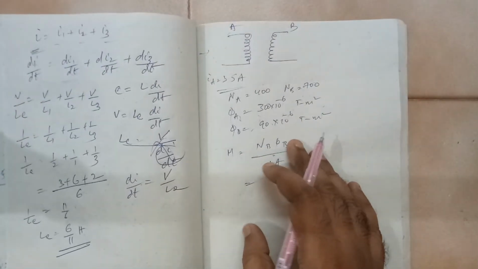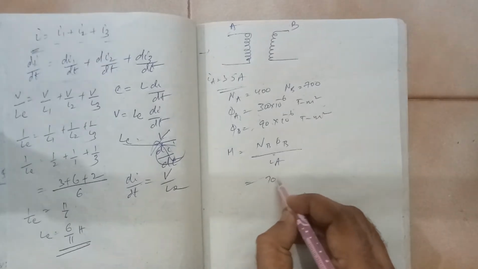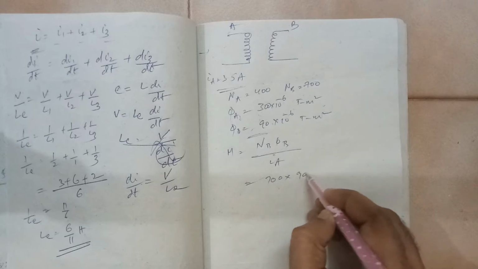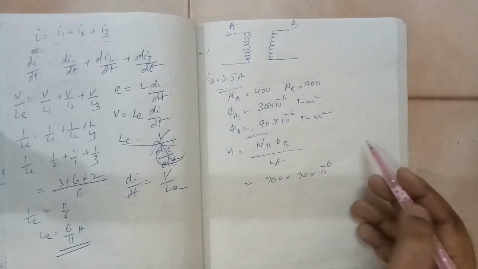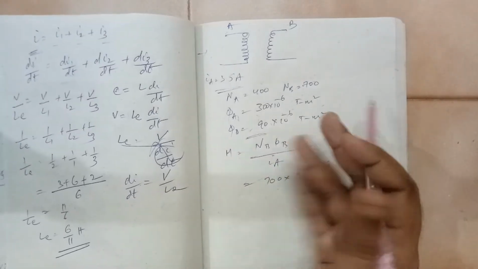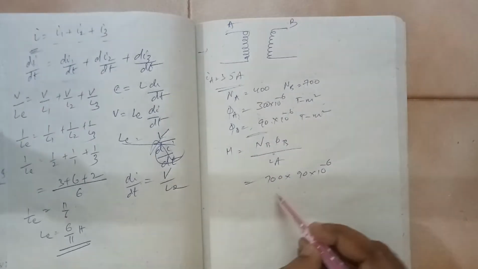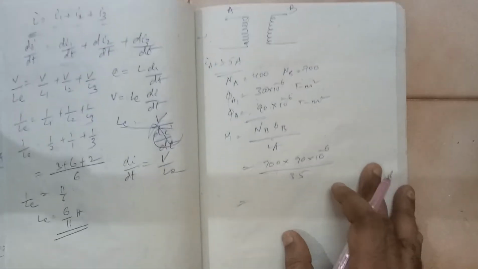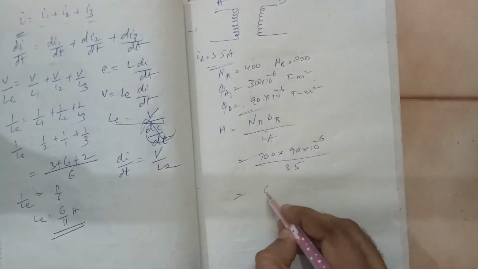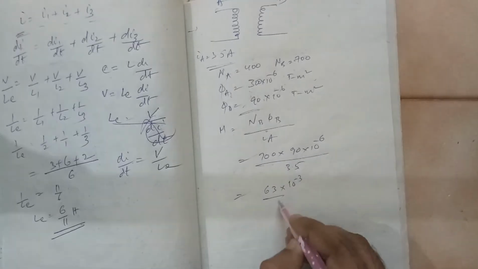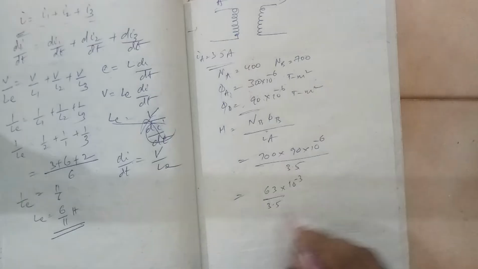So NB is given as 700 into phi B, it is 90 into 10 power minus 6. Direct flux is given, no need to multiply with B, A and all this, divided by the current.